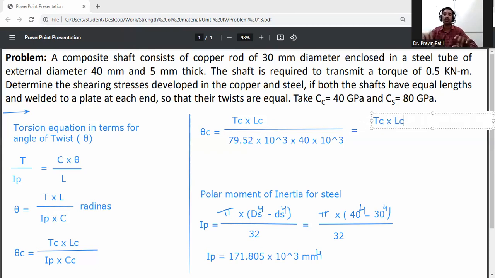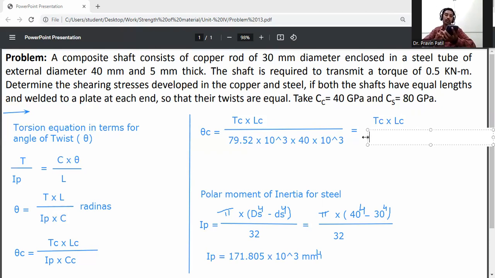TC into LC divided by 79.52 into 10 raised to the power 3 into 40 into 10 raised to the power 3.